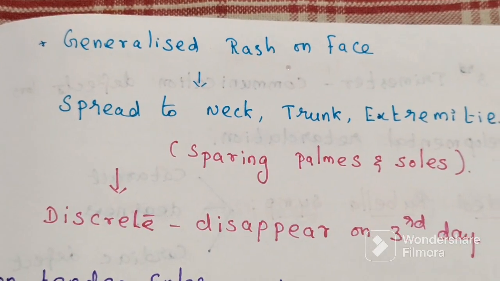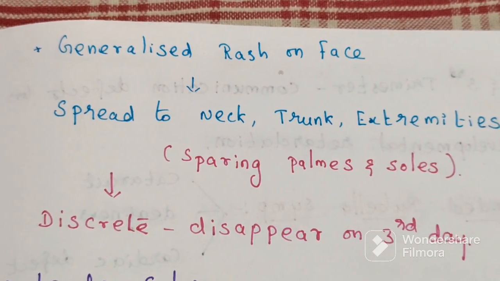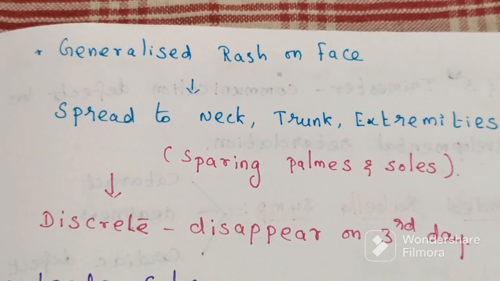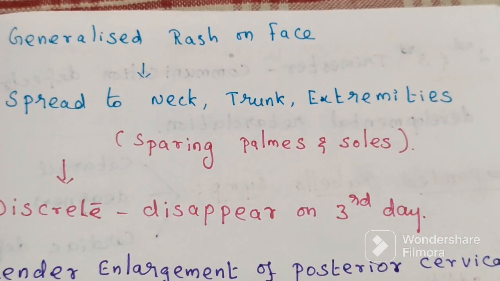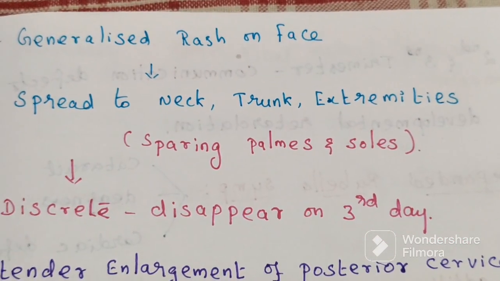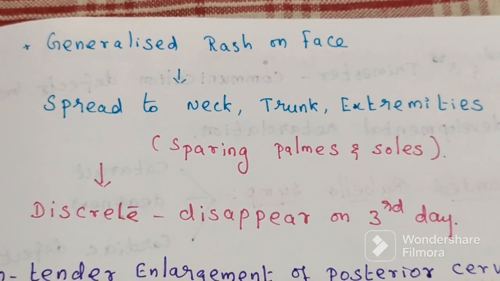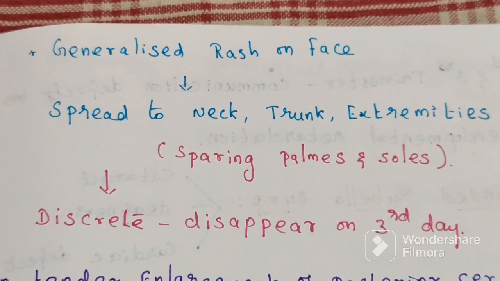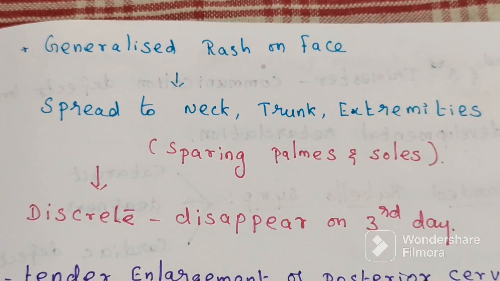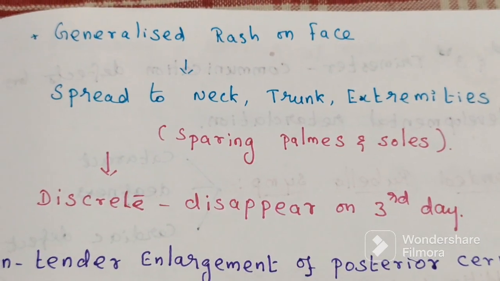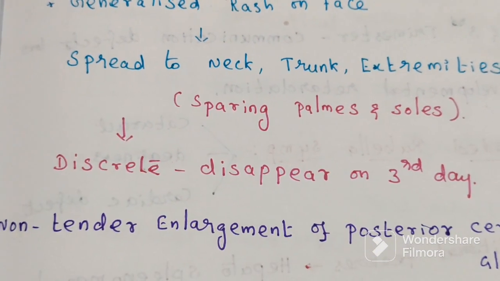Firstly, there are generalized rashes on the face, which then spread to the neck, trunk and extremities, sparing palms and soles.